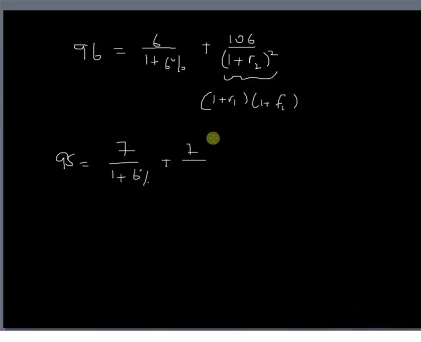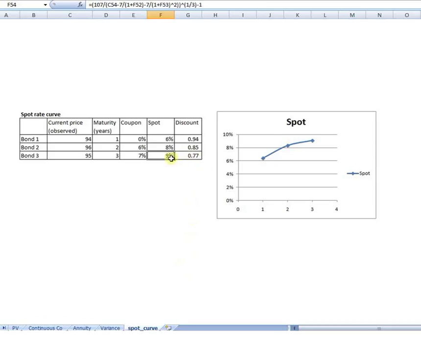It's 8%, so 1 plus 8%. Remember to square it, because you are going to discount 2 years, plus 100 plus 7 over 1 plus R3. This is the term that you want to solve in this equation, R3. I've obtained R3 to be 9%.